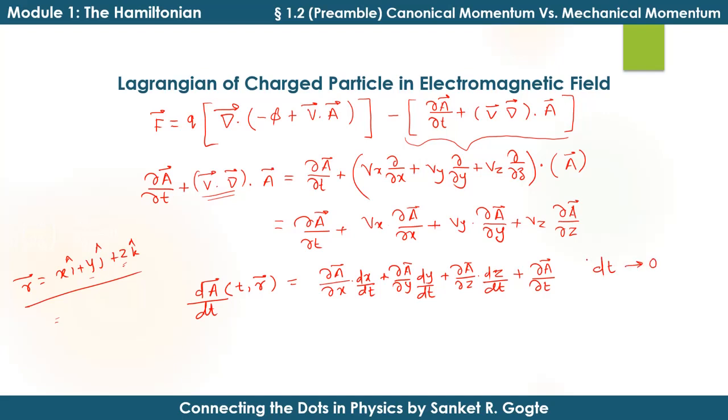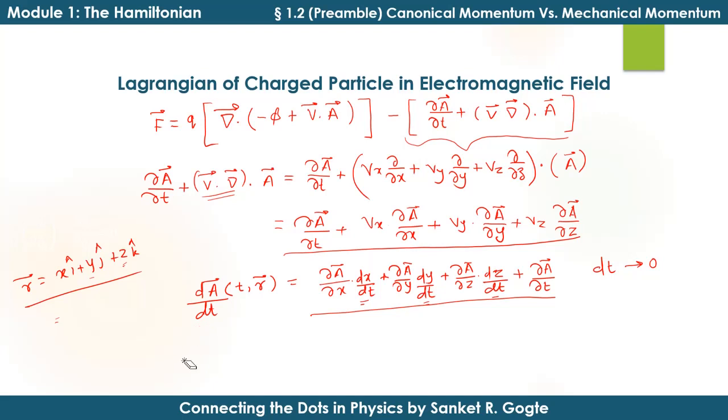So therefore this is nothing but the x component of velocity, this is the y component of velocity, this is the z component of velocity, and therefore now if you compare this term and this term, they are the same, and therefore I can write down the whole second term as dA/dt.